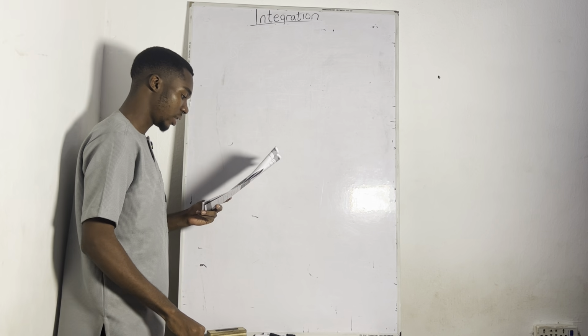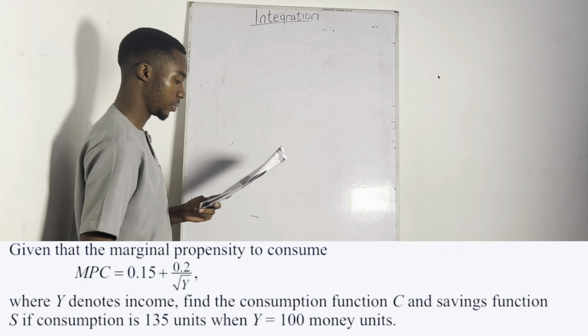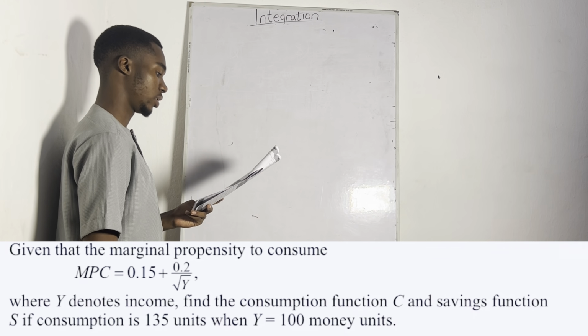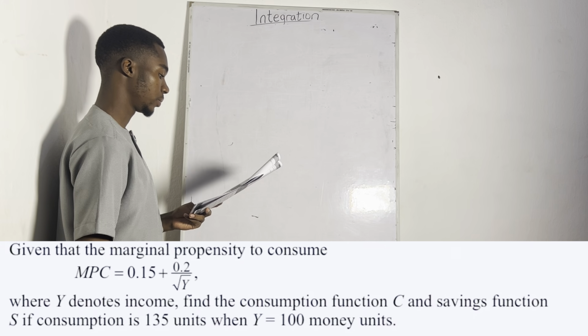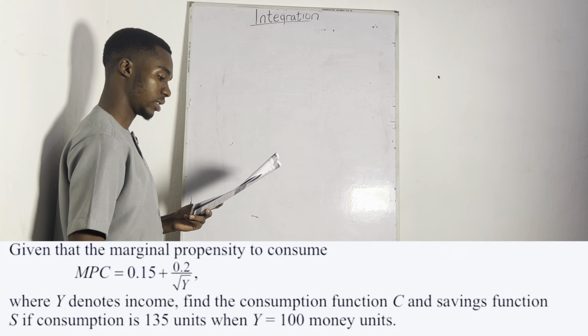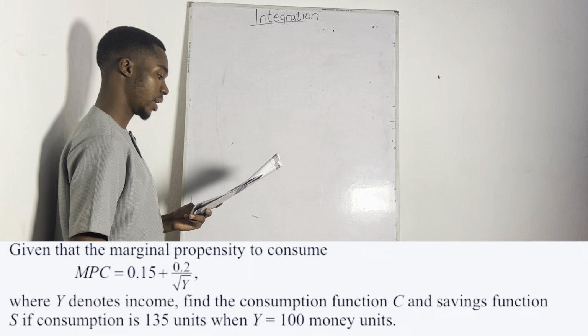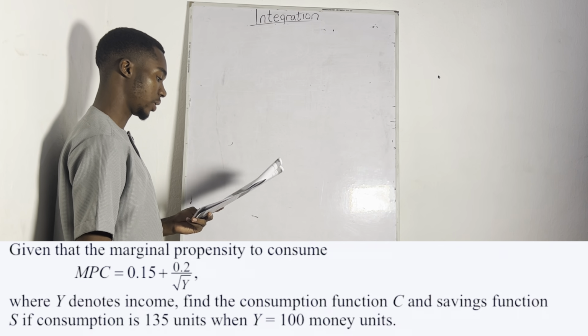So the question says, given that the marginal propensity to consume MPC is equal to 0.15 plus 0.2 over root y, where y denotes income, find the consumption function C and savings function S if consumption is 135 units when y is equal to 100 money units. All right.